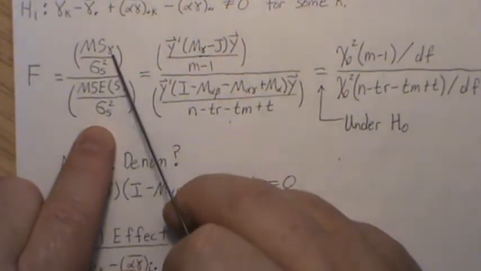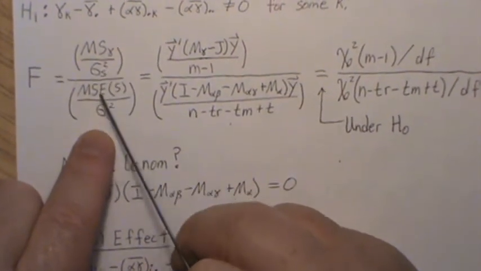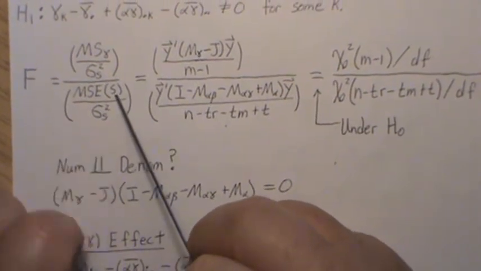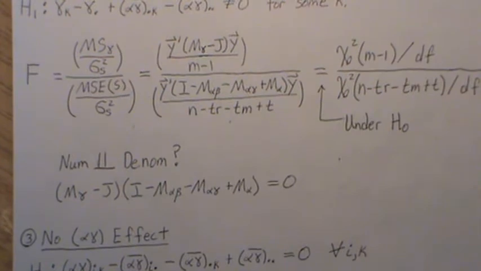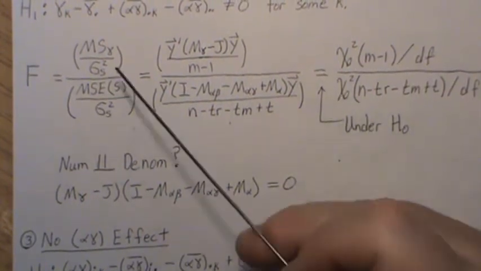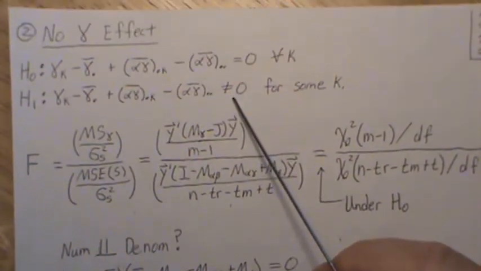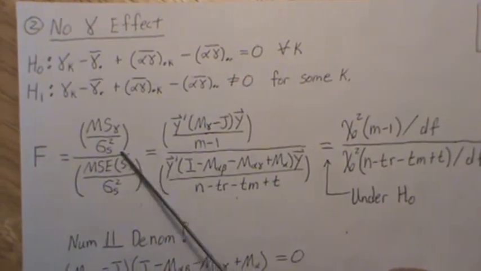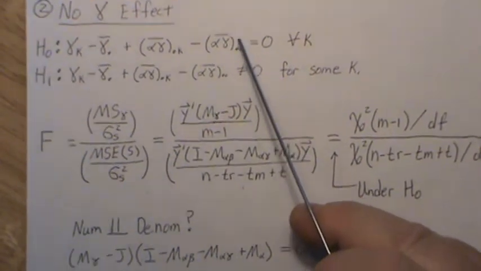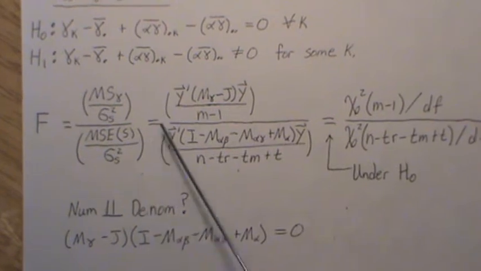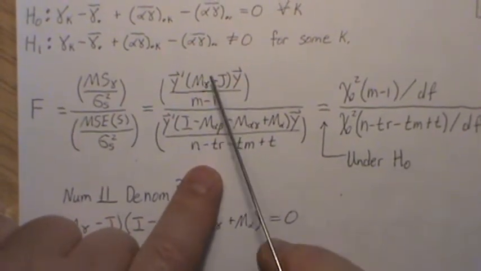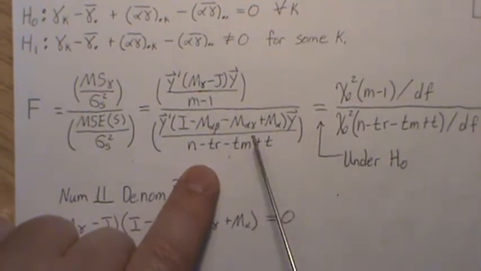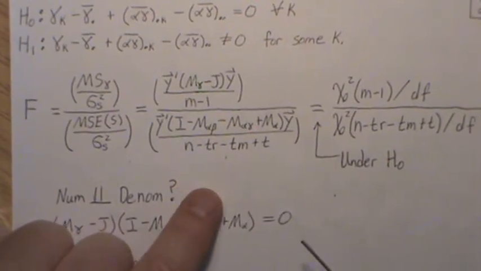The mean square for gamma divided by this constant, and the mean square error for the split plot divided by this constant. Each of those we showed in the previous video are chi-square distributions. This is a non-central chi-squared under the alternative, and it's a central chi-squared under the null hypothesis. Those constants cancel and we're left with this. And again, it's a chi-squared divided by its degrees of freedom, over a chi-squared divided by its degrees of freedom.